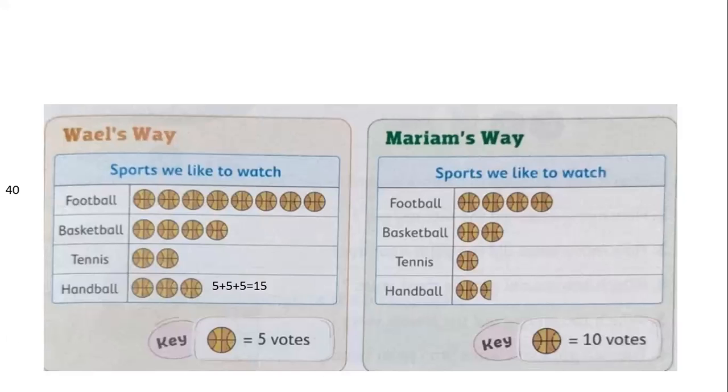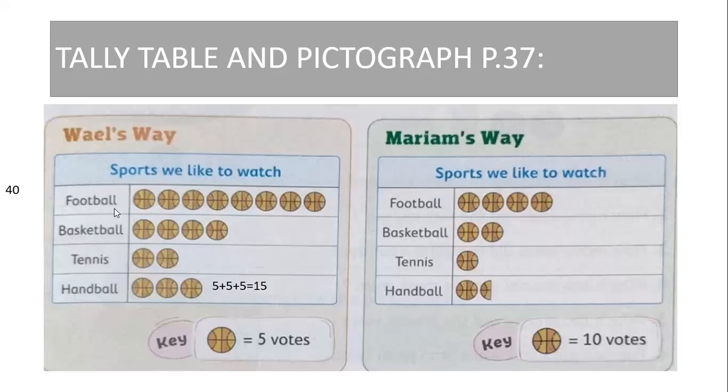Okay, so what do I have here in page 37? Football. How do I count this, as I told you. Here the key is 5. So how do I count? 5, 10, 15, 20, 25, 30, 35, 40. It is 5 plus 5 plus 5, 8 fives equal 40.